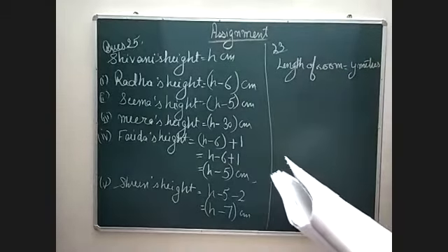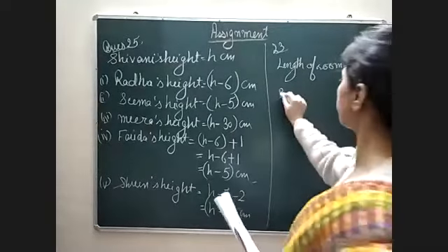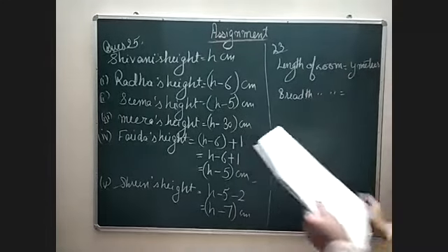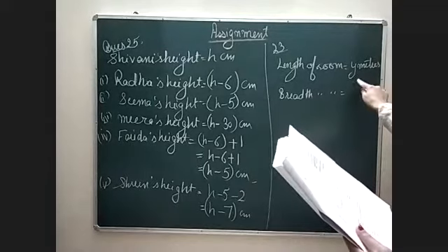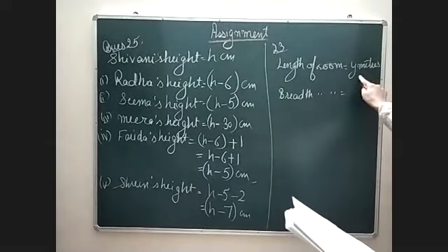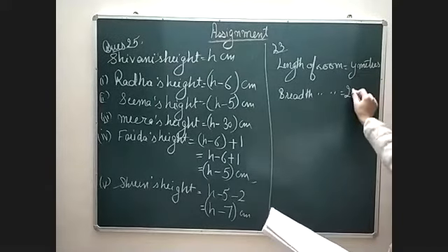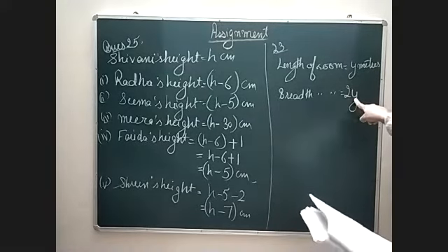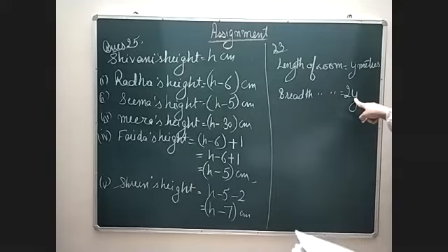Next, we are given the breadth of the room. Breadth of room, and what we are given here, 20 less than twice the length. First of all, we need twice the length. That means 2 times y. It is 20 meters less than twice the length.